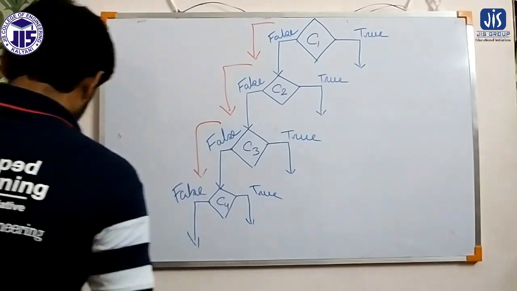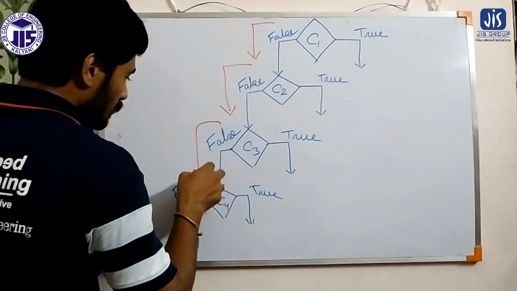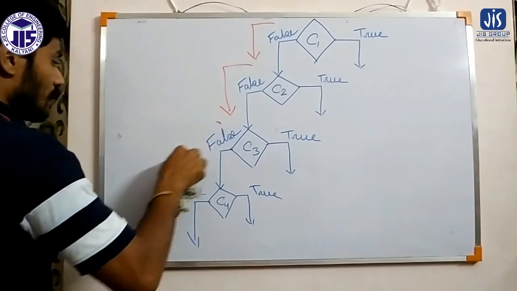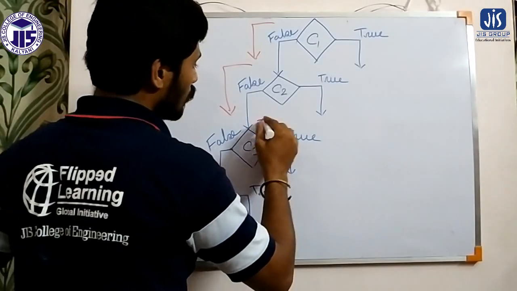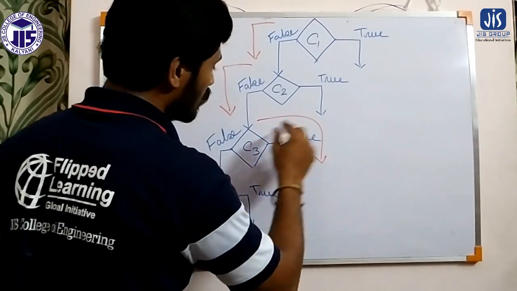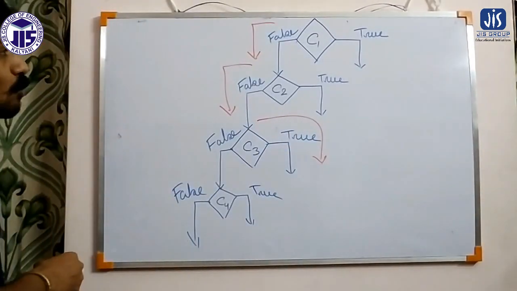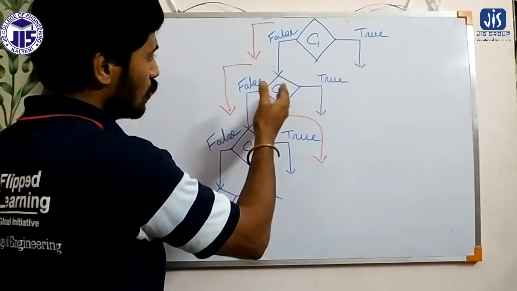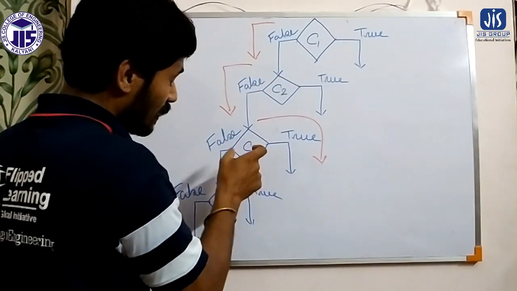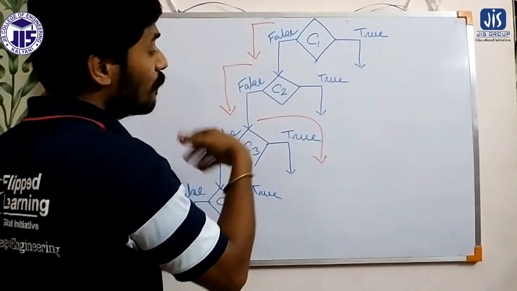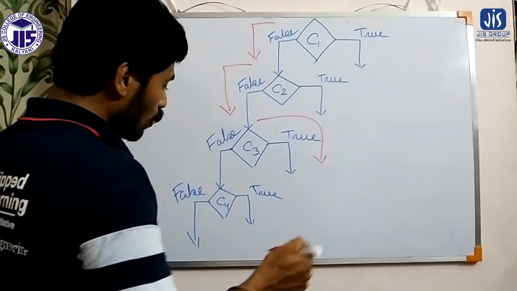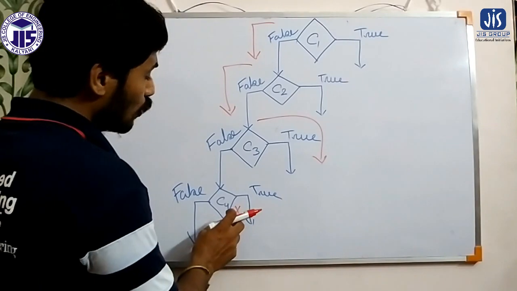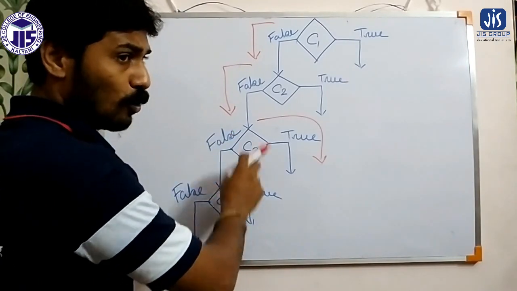If I consider C3 as true, for example, what will happen? C1 is false, so it comes to C2; C2 is false, so it comes to C3. But here C3 becomes true. When C3 becomes true, C4 will not get executed, because C4 is in the false statement block of C3.